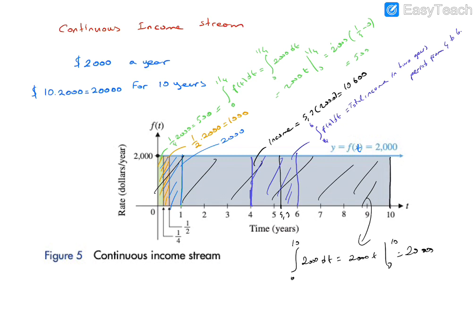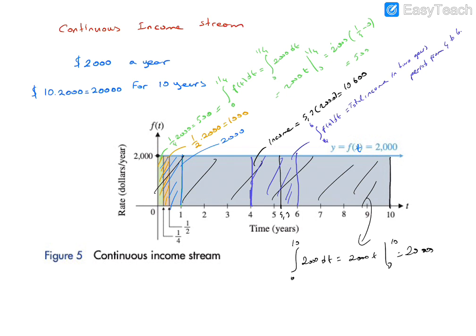In this example, we assume that the rate of change of income was given by the continuous function f of t equals 2000, or f of t can depend on t also, there's no problem. This assumption is reasonable. For example, you can find an example in your textbook about the vending machine, which is often collected daily.